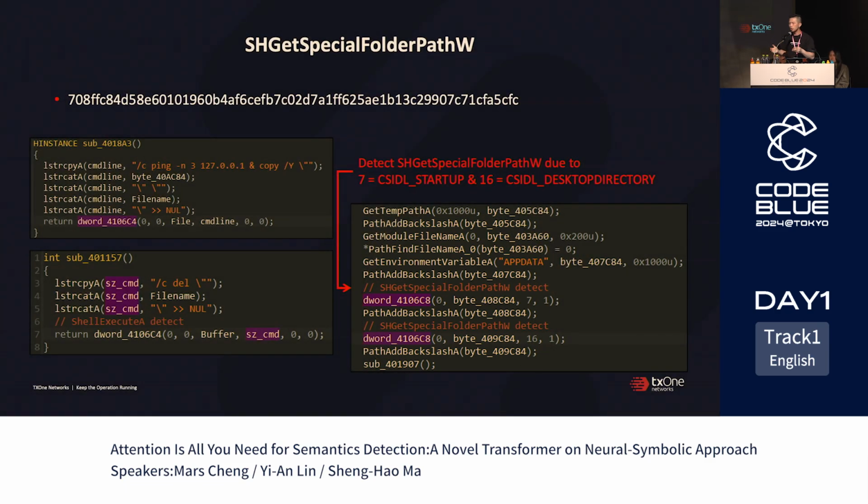Because our AI engine can tell, from the API usage, that the magic numbers 7 and 16 put at argument position 3 stand for the CSIDL startup and the CSIDL desktop directory. So you will know that if this Windows API is used, this binary will try to drop a binary in your startup folder to persist a backdoor on your victim.